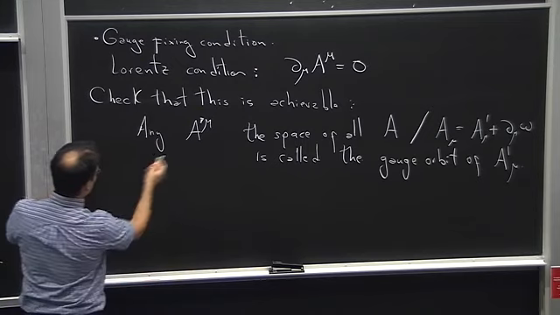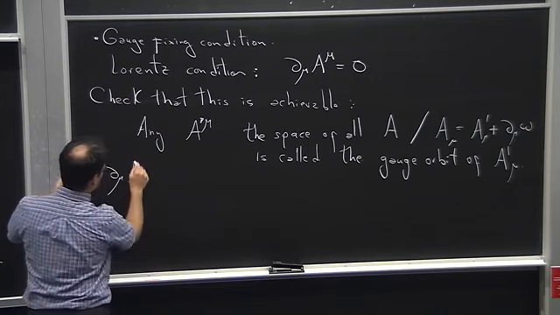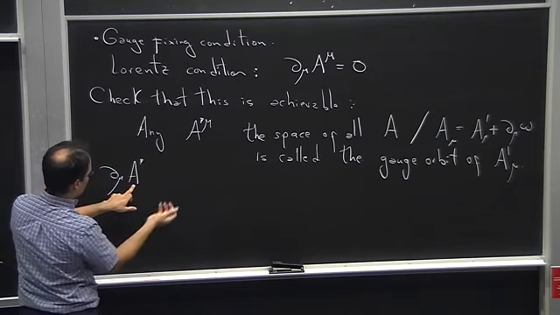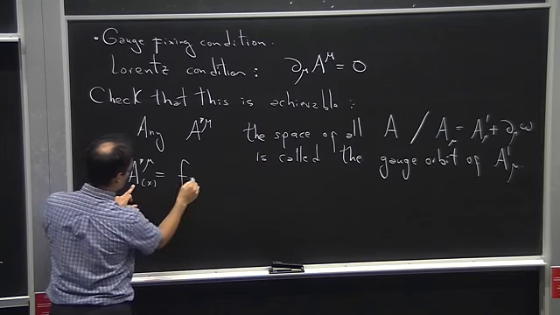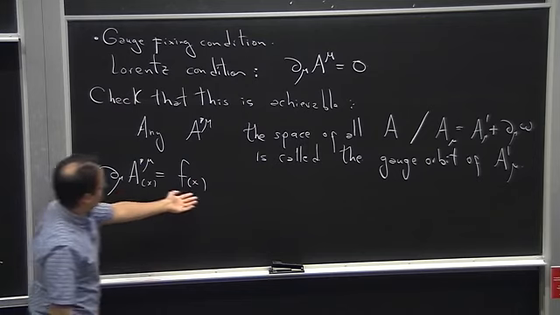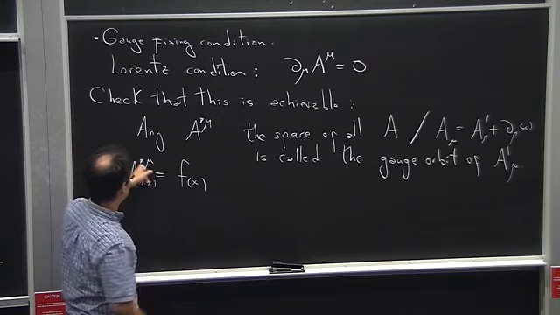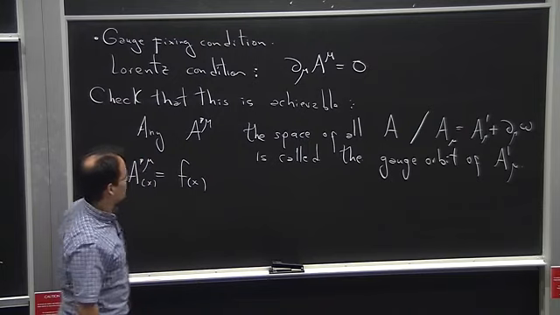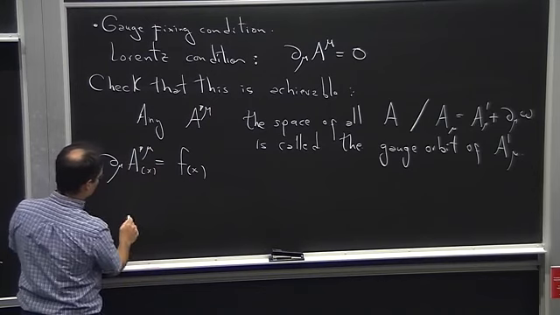Very good. So then what do we do? We just say, well, imagine that the choice I made of A prime gave me some function of x. So fine, the original choice I made failed to satisfy that condition. But then I say, well, let me choose another one.